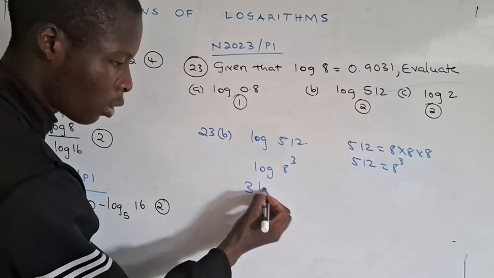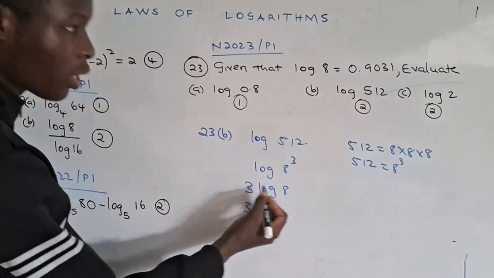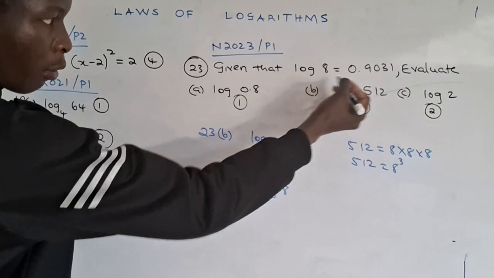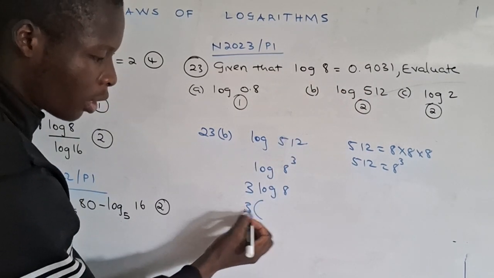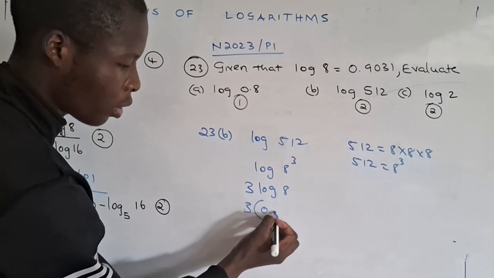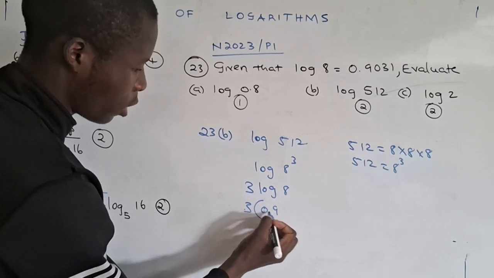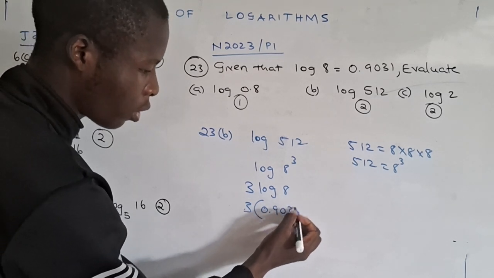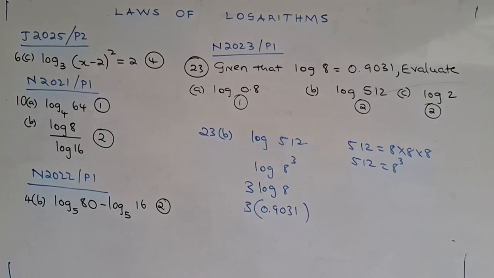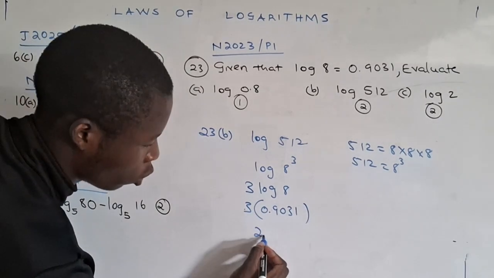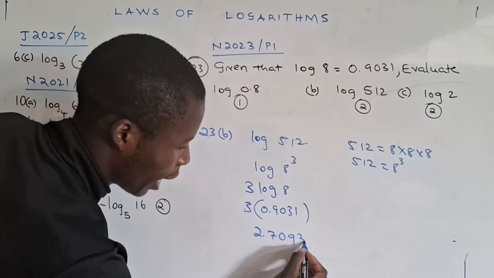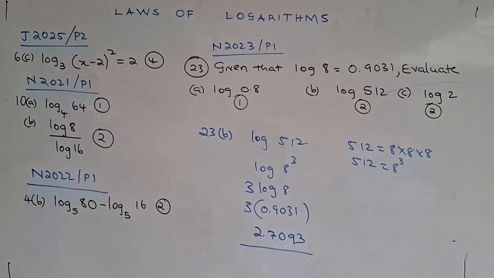It becomes 3 log 8, of which the value of log 8 is given: 3 into 0.9031. You do the multiplication. You are going to get the answer 2.7093. This is the final answer.